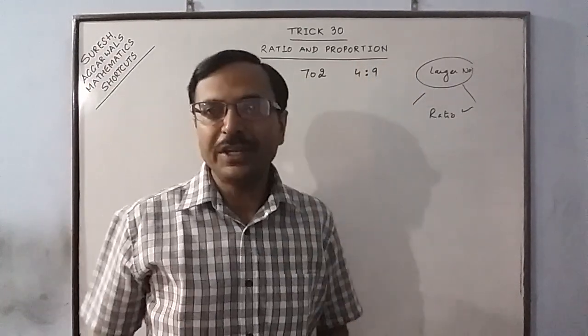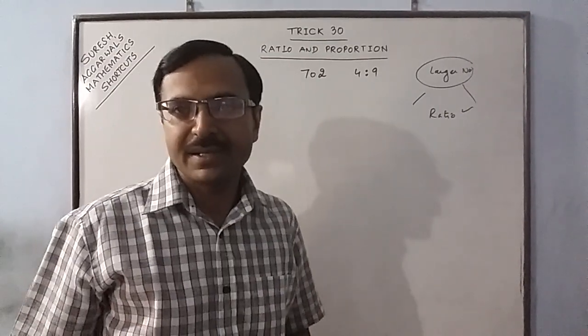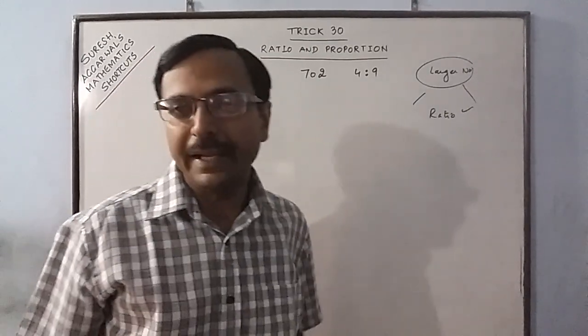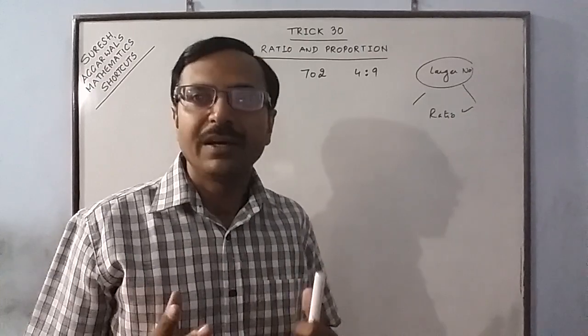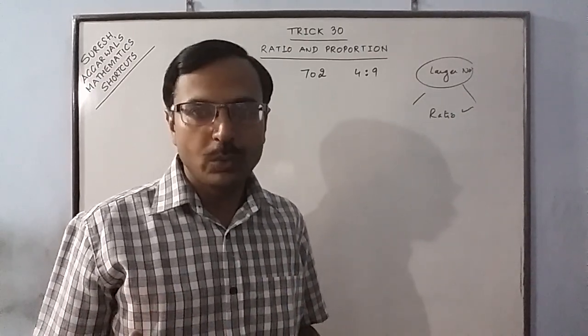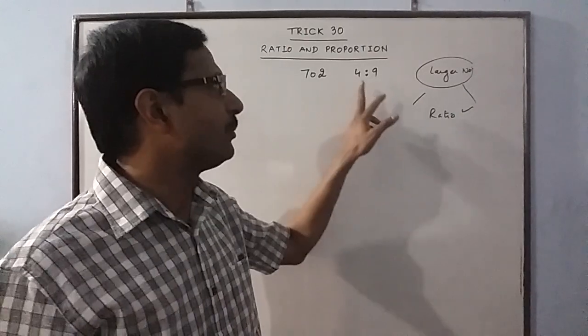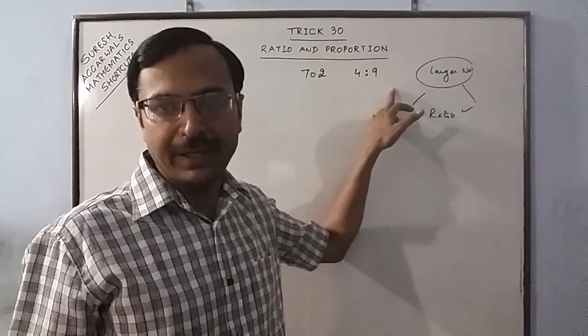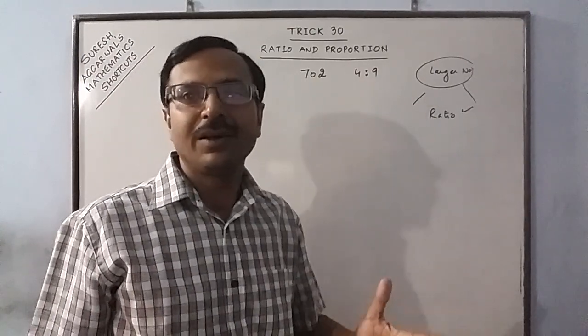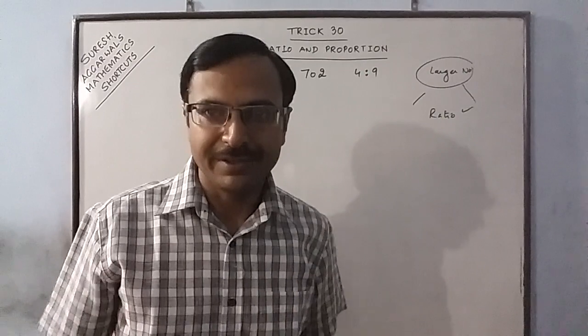Now when you have to divide this number into 4:9, then normally what we do is we assume the numbers as 4x and 9x, and then we carry on with the longer method.